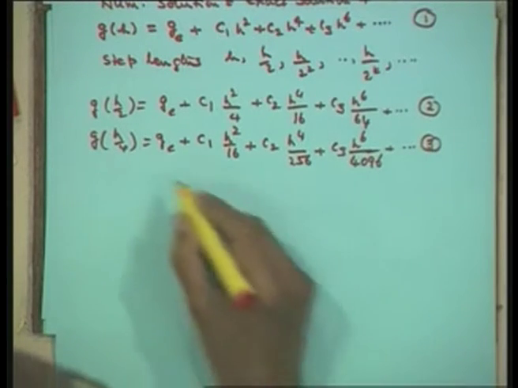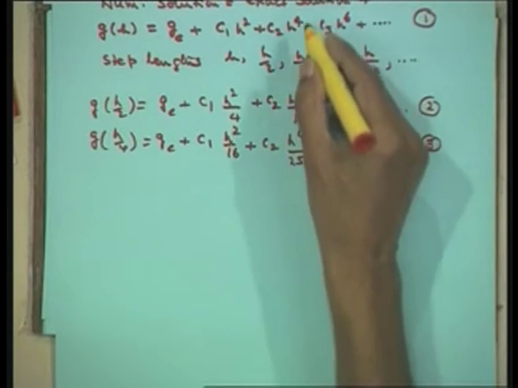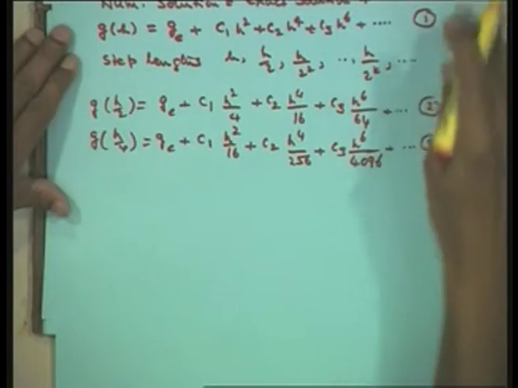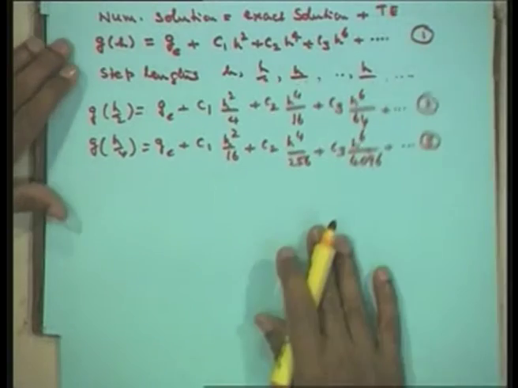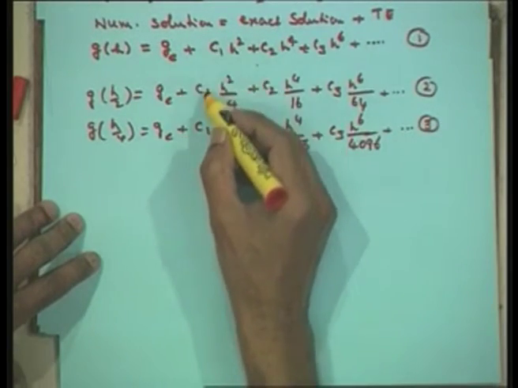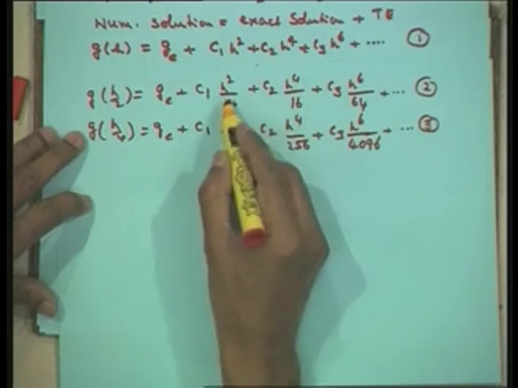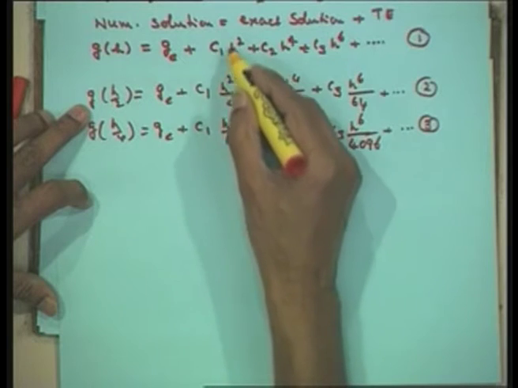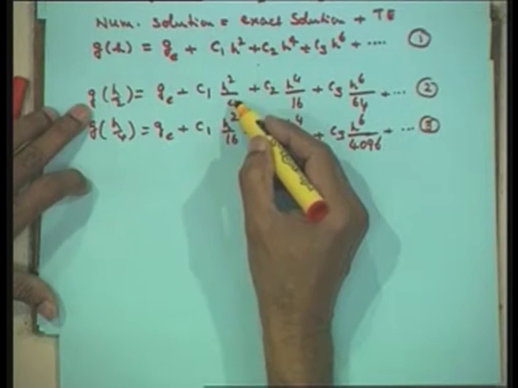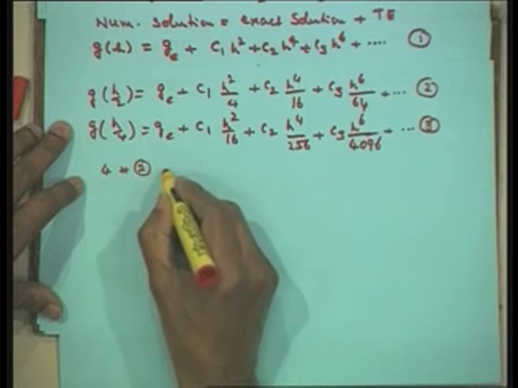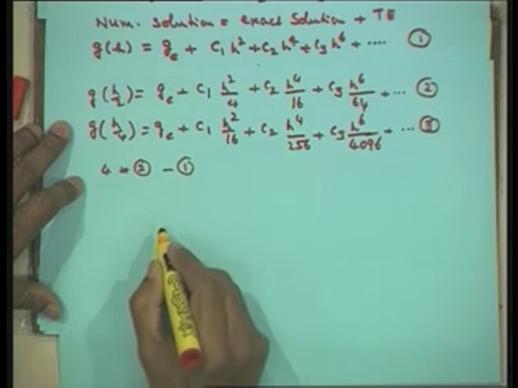Now, let us stop here and derive our extrapolation formula. I will use equations 1 and 2 and eliminate c1 h square from this. Now, we can see if I multiply equation 2 by 4 and subtract equation 1, then c1 h square cancels. Therefore, I write 4 into equation 2 minus equation 1.